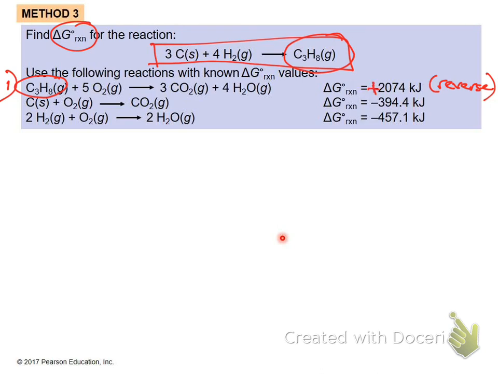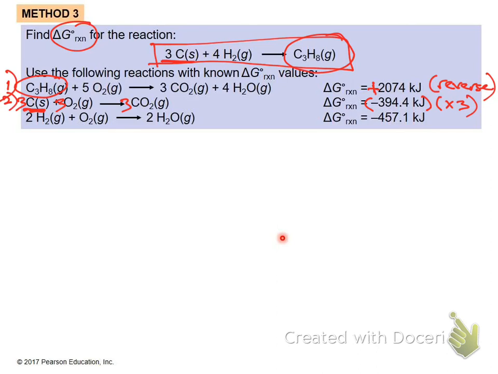All right, and then for the second equation here, we have source of carbon. And we know carbon is on the reactant side, so we don't do anything here except we multiply it by 3 because we have 3 moles of carbon, right? So this becomes 3 here, and 3 here. So we multiply this by 3 as well, okay?